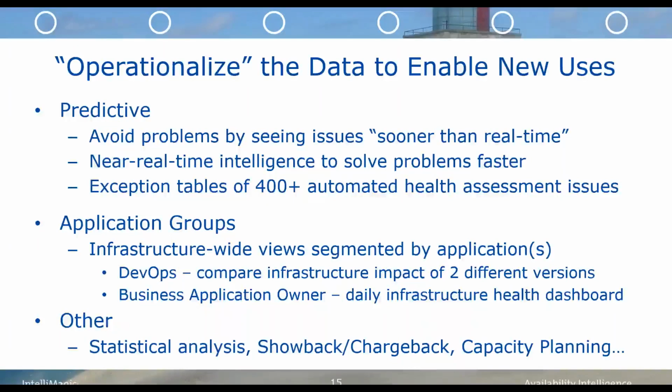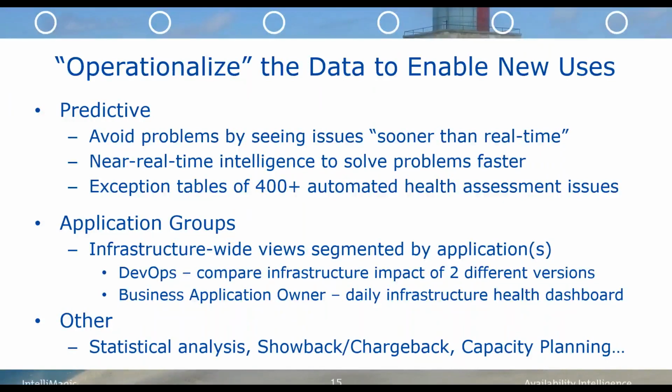We also segment the workloads into applications or groups of applications, so that if you have some favorite applications, you can easily see whether the application is being affected by anything going on in the storage infrastructure, whether it is about to be impacted, or whether the health of the storage infrastructure is good and there are no current concerns for that particular application. The other thing this does is allow us to open up new users for the data.